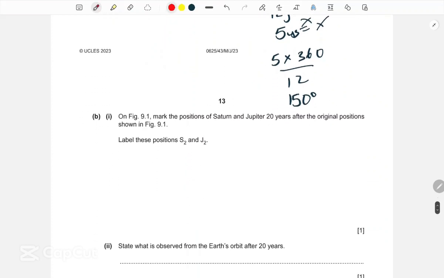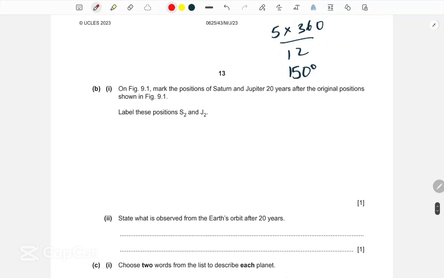Question B. On figure 9.1, mark the positions of Saturn and Jupiter 20 years after the original positions shown in figure 9.1. Label these positions S2 and J2. For this question, we also do the same thing we did for the previous one. So we know that Saturn takes 30 years to do 360 degrees. So after 20 years, it would become x.